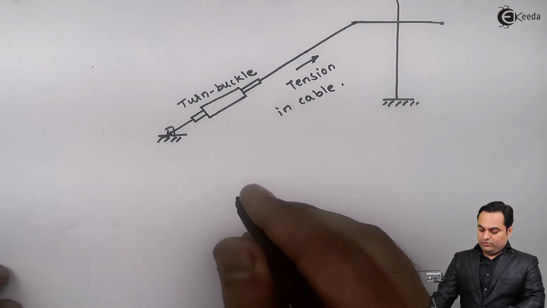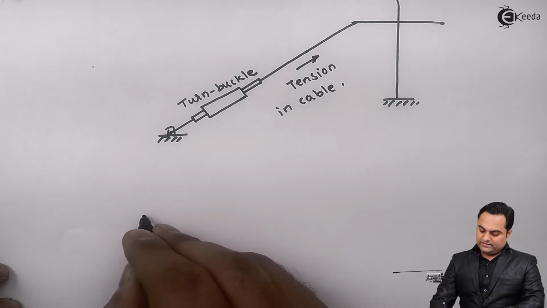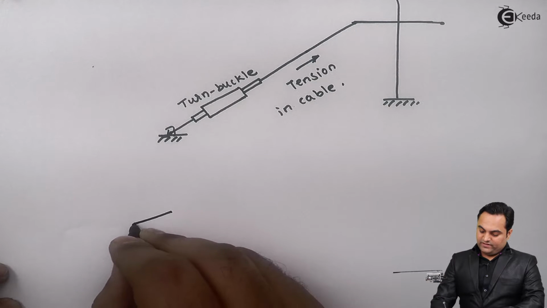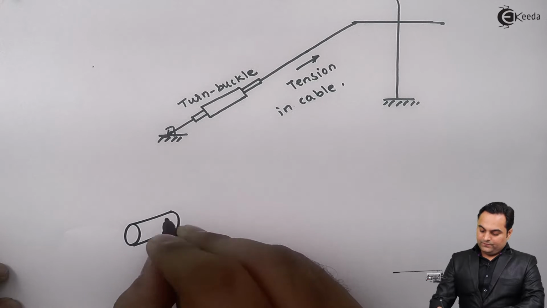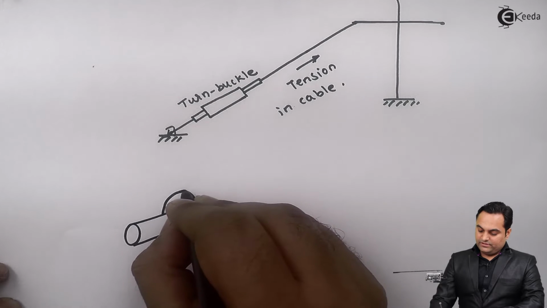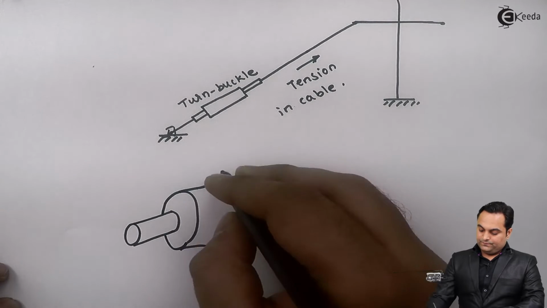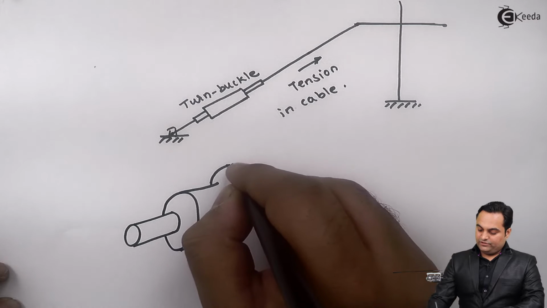Next, if we look at the coupler nut, it would be looking like this. If I can give the example of a complete turnbuckle in 3D, it would be looking something like this. Here I am drawing the diagram for a turnbuckle.